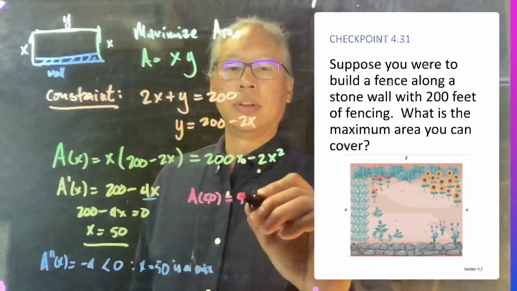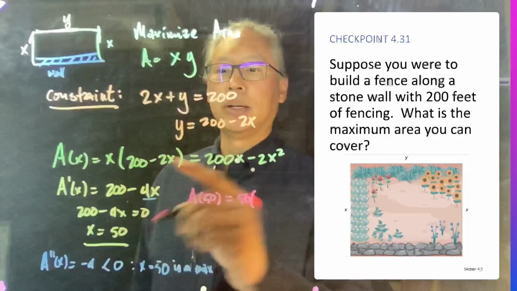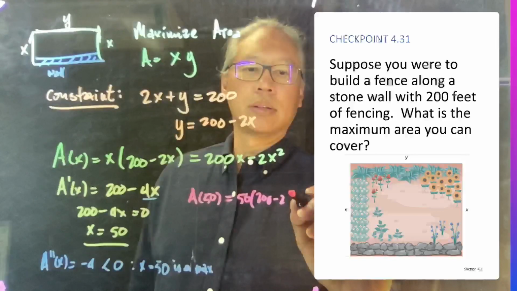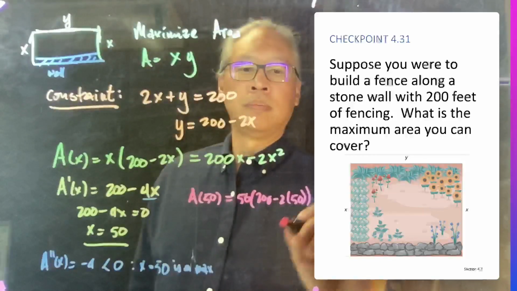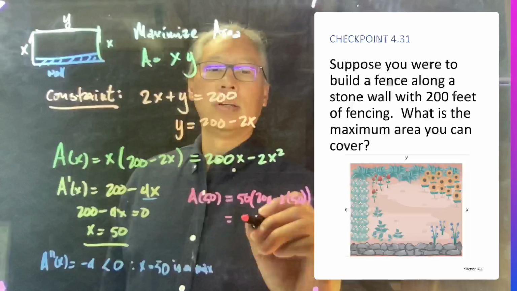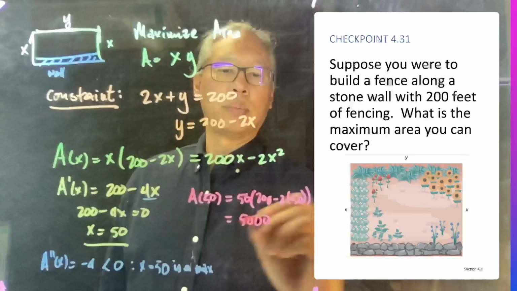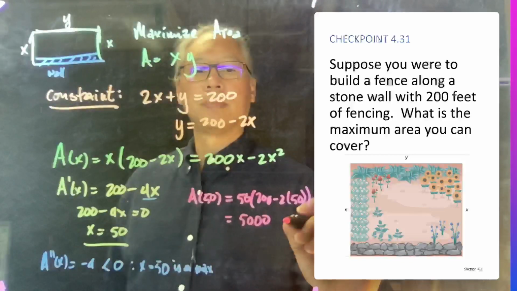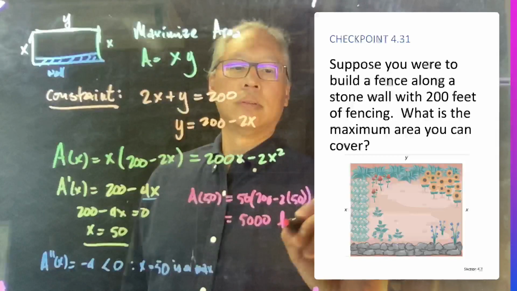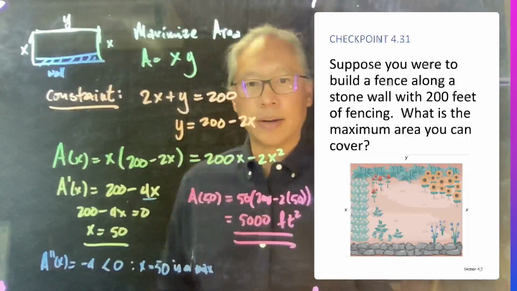So this would be 50 times 200 minus 2 times x. So that's 100. 100 times 50 is going to be 5 with a couple more zeros, so 5,000. So 5,000, this is feet, so we'll say square feet for your answer. So this is the maximum area.